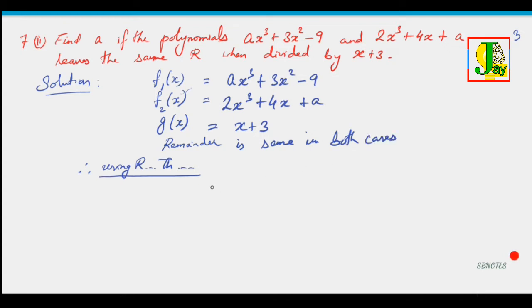So using the remainder theorem, what is the remainder for the first one? That is f1, and the remainder for the second one is f2. In both cases the divisor is x plus 3, so x plus a gives a is minus 3 here.